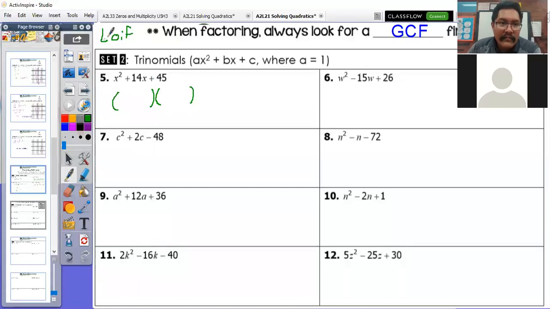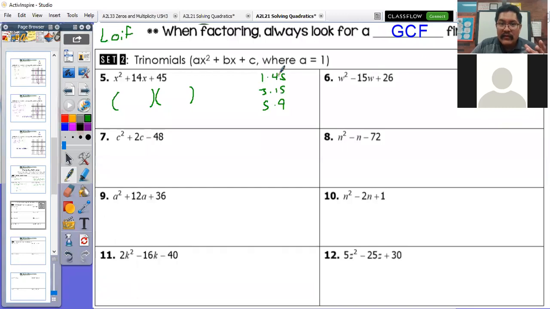So what we do is we look at the last number, which in this case is positive 45. So I need to make a short list of numbers that I can multiply to get 45. Not only that, but I also need them so that if I add them together, I get 14.